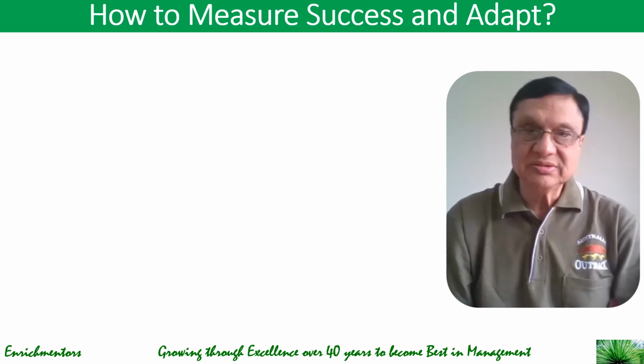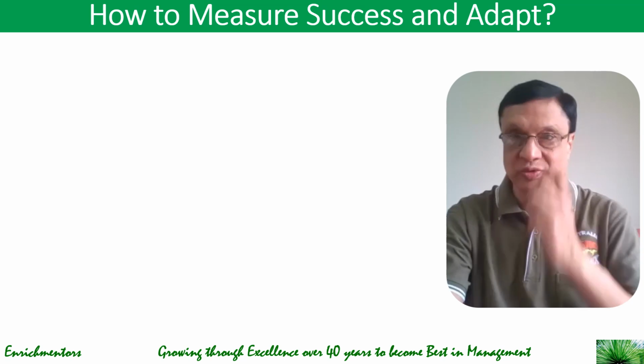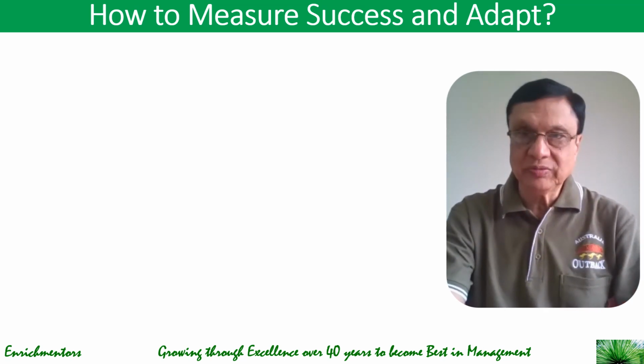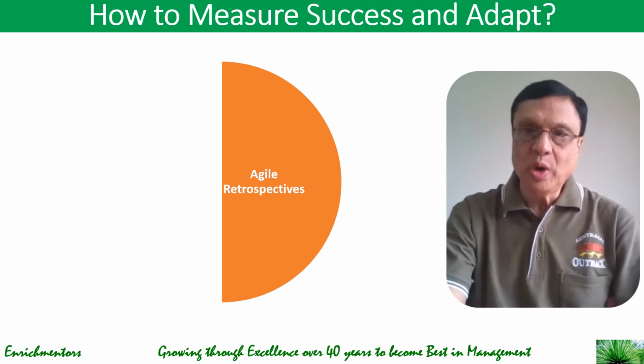To measure the success of Agile HR implementation and adapt, you need to do basically two things. First, conduct HR retrospectives or Agile retrospectives with HR teams after each sprint and cycle to review what worked, what did not, and what can be improved.